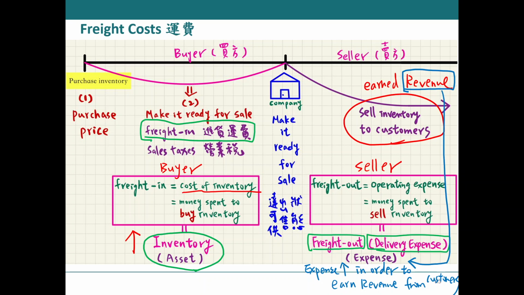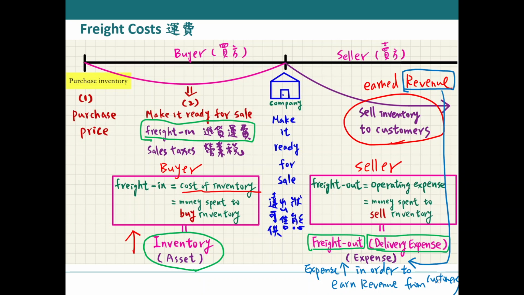Yeah, because when you pay the money to buy the inventory, in the future, when you sell it to customers, you will get the money from customers. So eventually you will get the benefits from customers. That's why we include it as part of your assets.